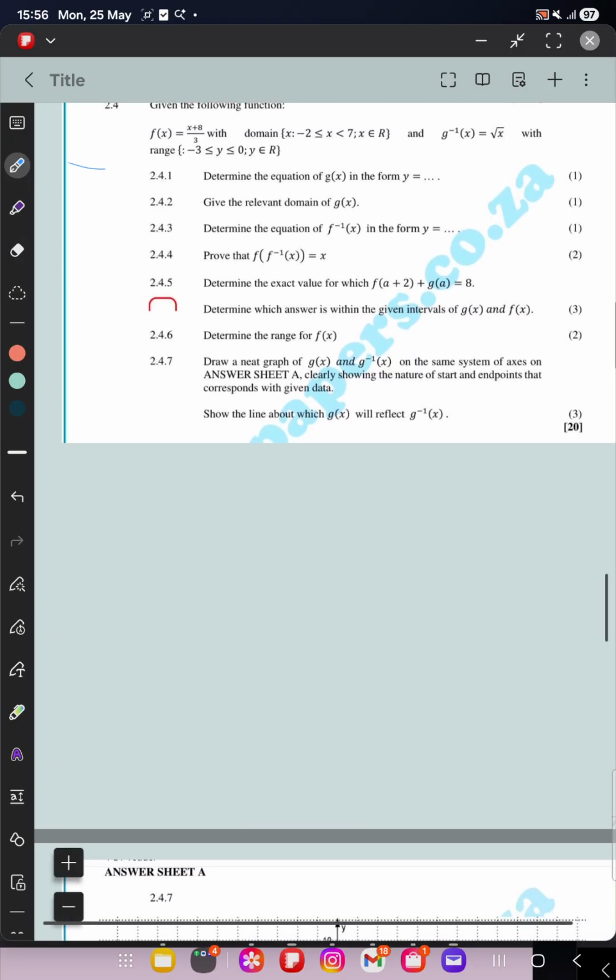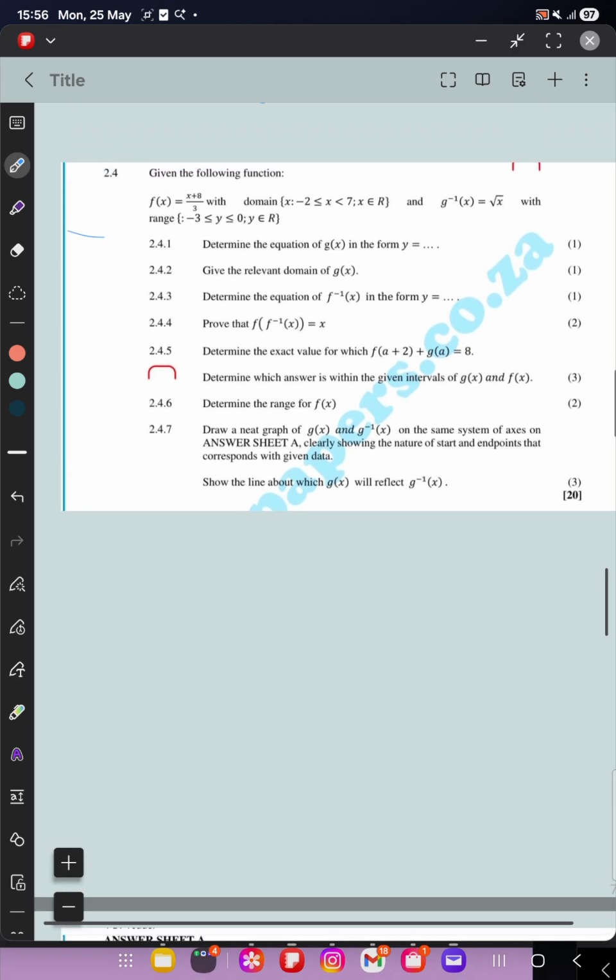All right. So, let's look at our question. Given the following function, f of x equals, with domain this, g inverse of x equals, with range this. 2.4.1 says determine the equation of g of x in the form.